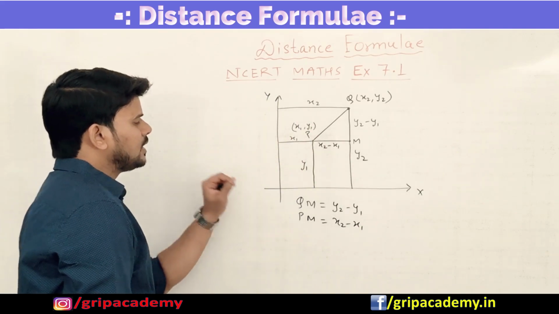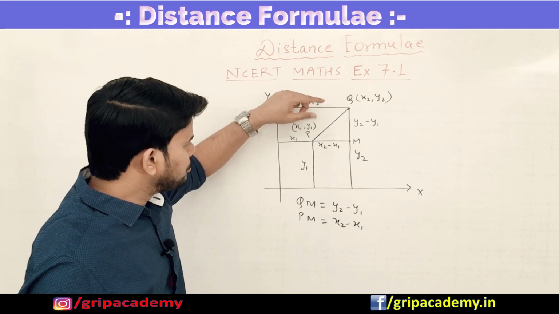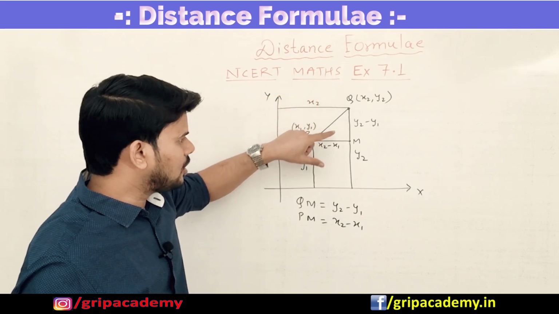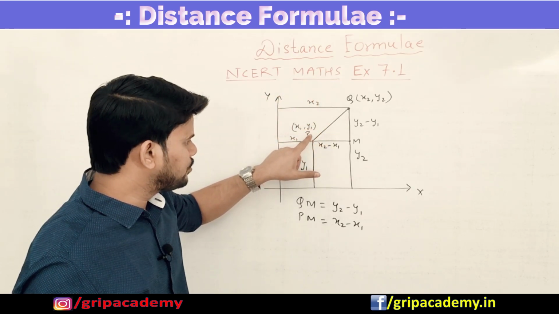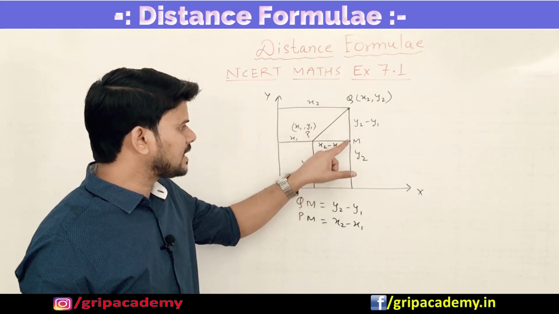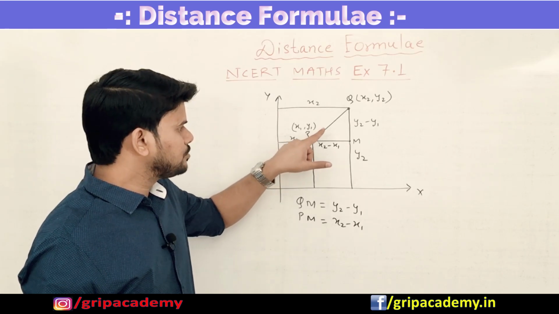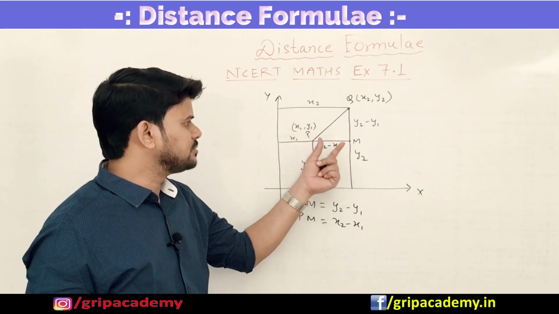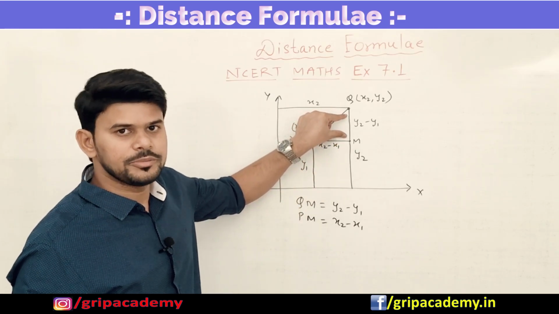Okay, now see here, PQ is the hypotenuse of this triangle PMQ. PMQ is a right angle triangle at M. So PQ is the hypotenuse, PM is the base and QM is the perpendicular.